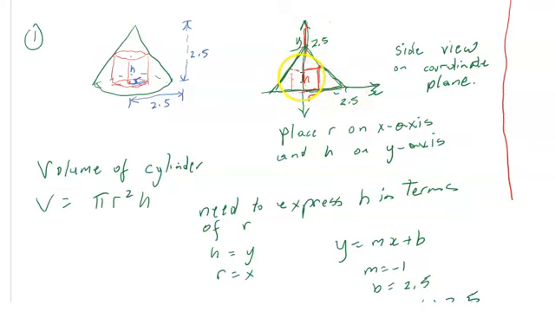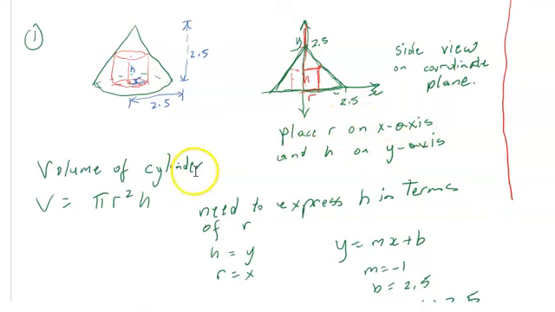So for the radius, if we fix it on the y-axis, centered at the y-axis, the radius could be measured along the x-axis. Maximum radius there of 2.5, and the height on the y-axis up to 2.5. So this is what the side view would look like on the coordinate plane. We place our R on the x-axis and H on the y-axis.